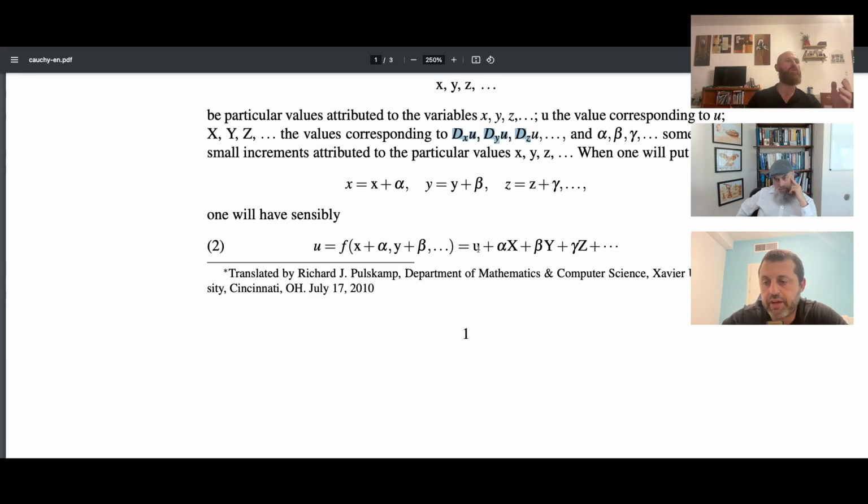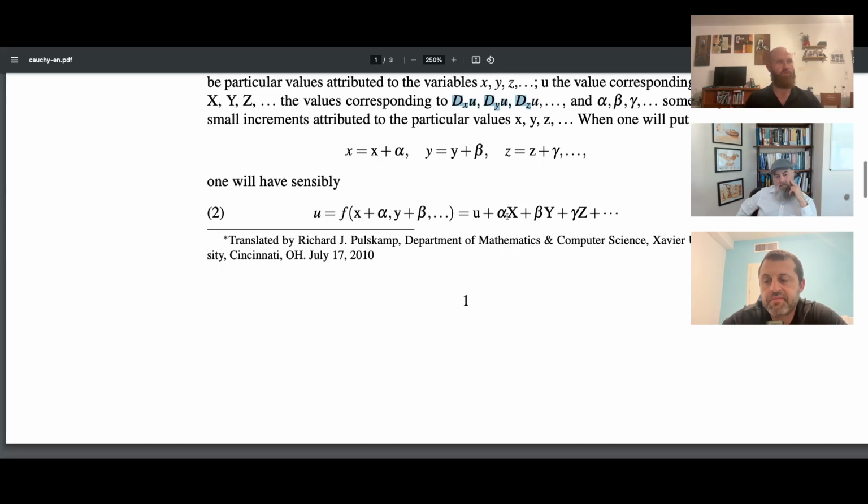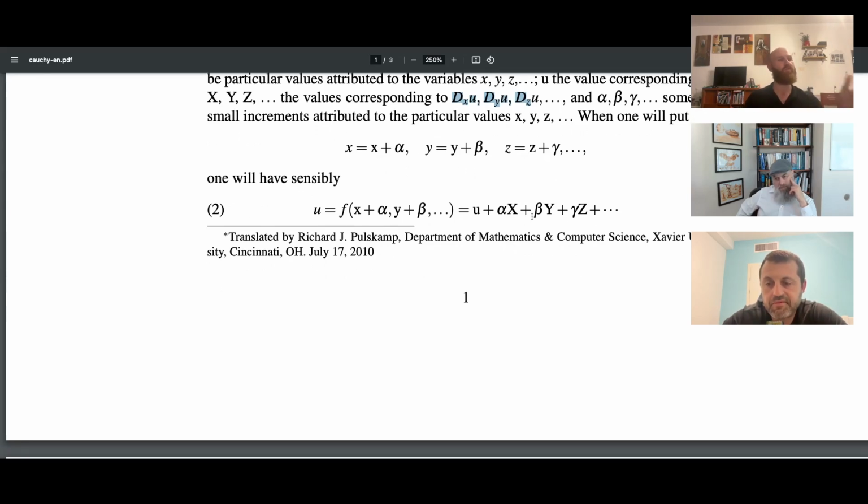First order Taylor expansion, exactly. So we have the function at that point plus the small increments around it. That's why they use alpha times X plus beta times Y plus gamma times Z, which are their derivatives.